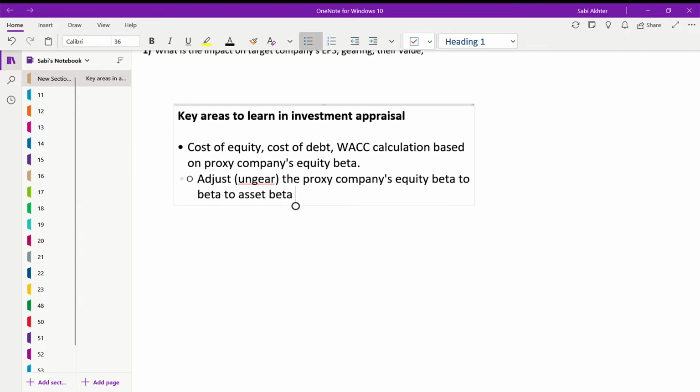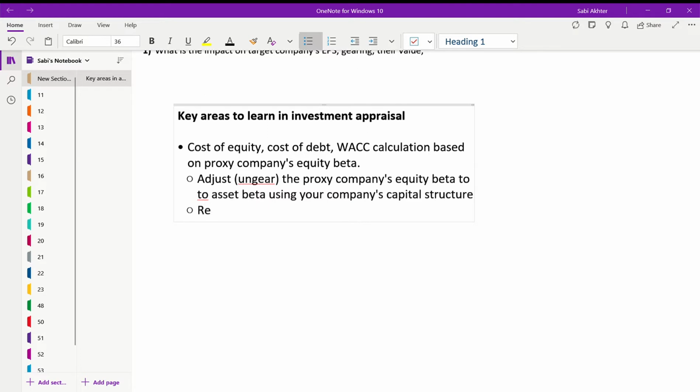Ungear the proxy company's equity beta to asset beta using your company's, meaning the company in the question, capital structure. Capital structure means your market value of debt and market value of equity. You should know how to find that out.